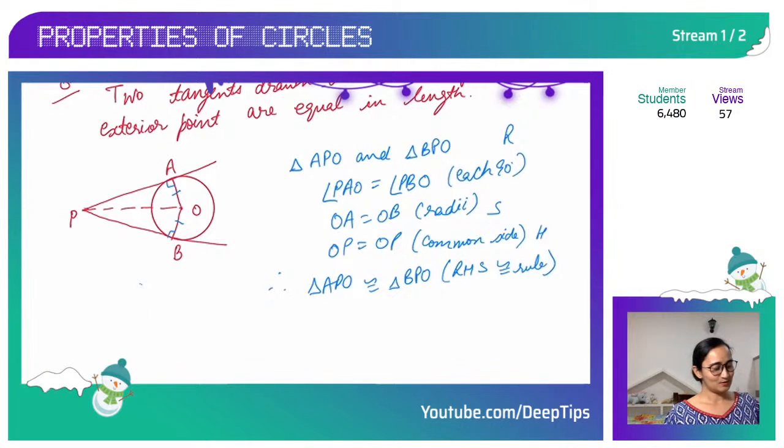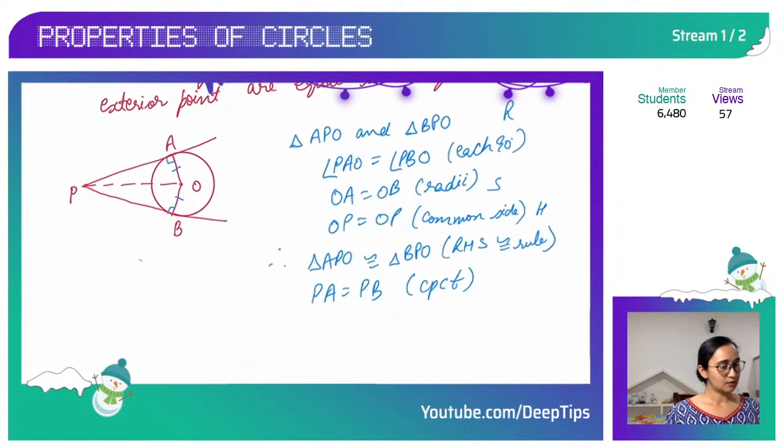Clear? So then we can say PA is equal to PB using the CPCT rule, corresponding parts of congruent triangles.